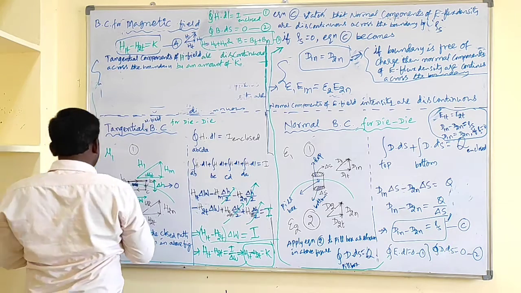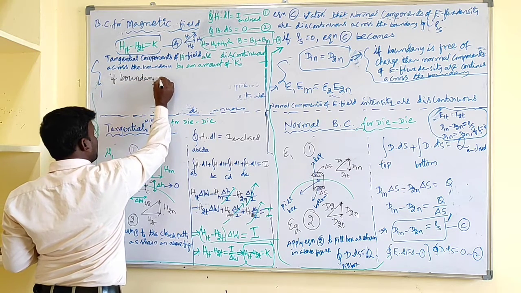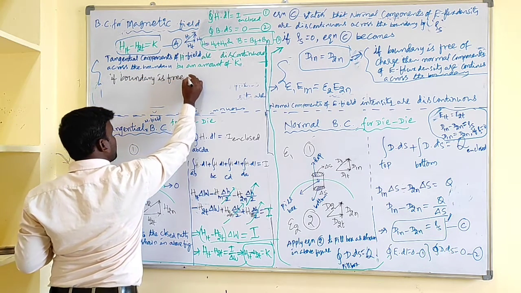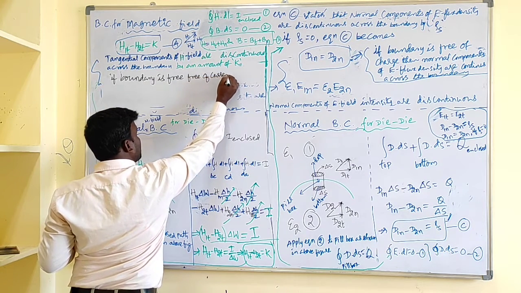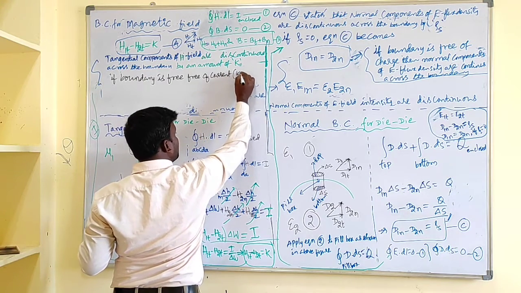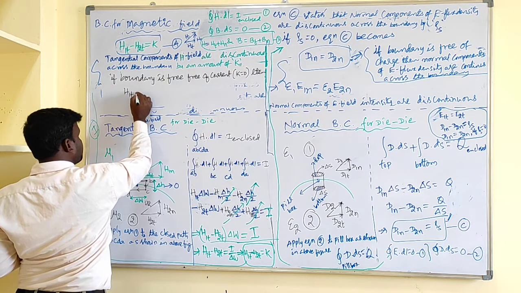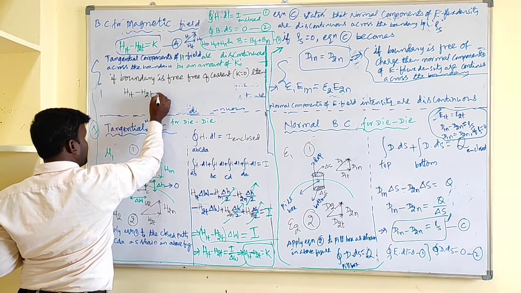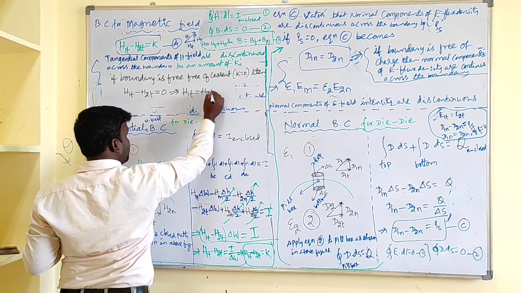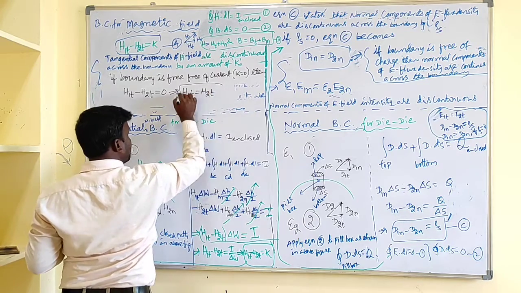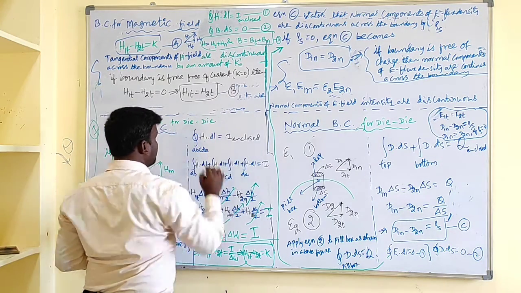If the boundary is free of current, that is K equal to 0, then H1T minus H2T equal to 0. It implies H1T is equal to H2T. This is equation 2.